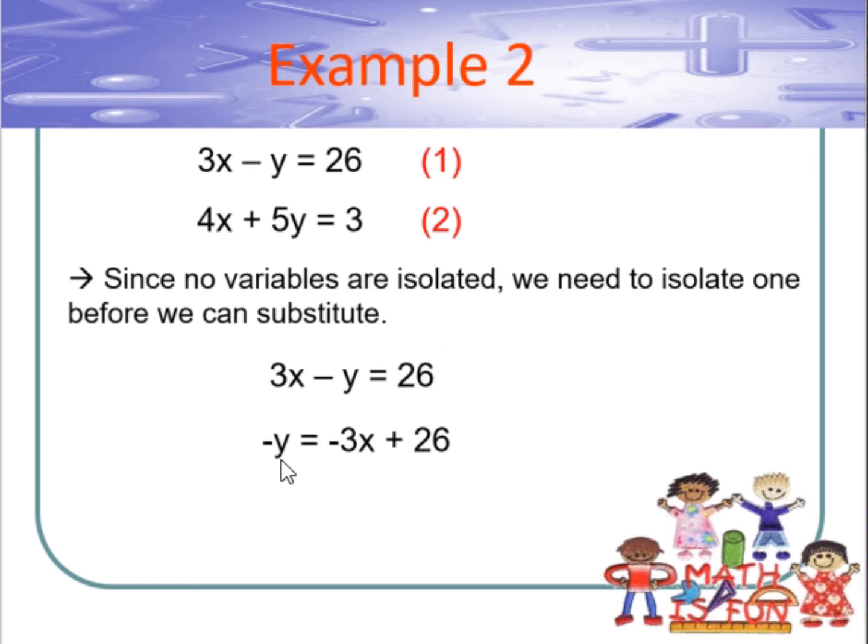And then, ang numerical coefficient ng y ay negative 1. So, kailangan maging positive ito, kaya ang buong equation 1 natin ay i-divide natin by negative 1. So, lahat ng signs ay mapapalitan. Kaya ang equation na ngayon natin for the value of y will be equal to 3x minus 26.